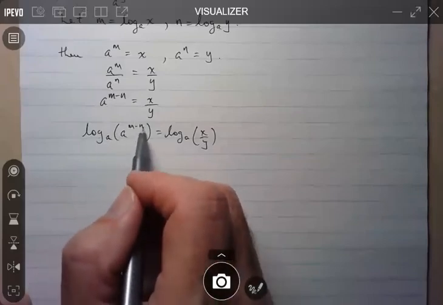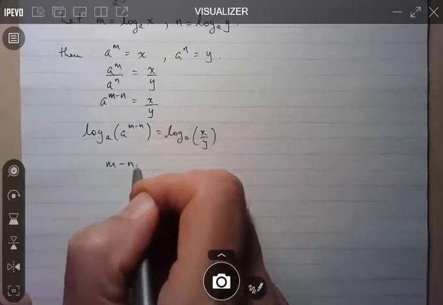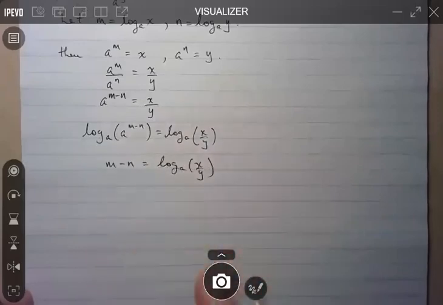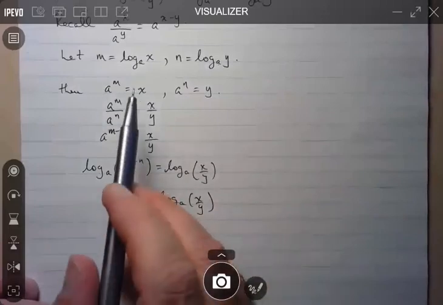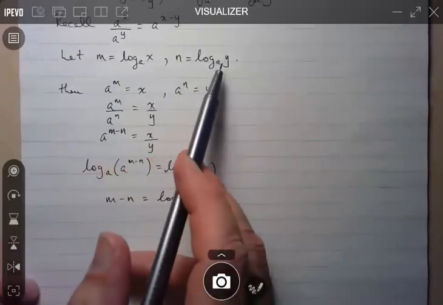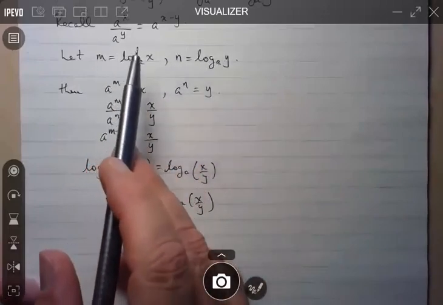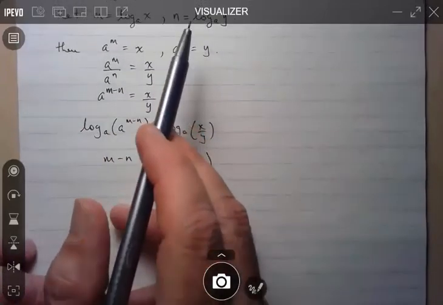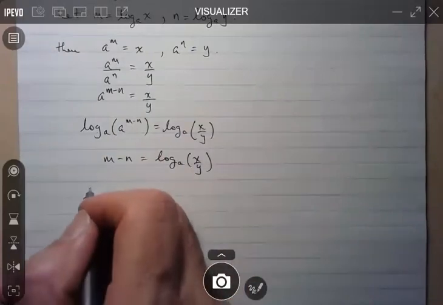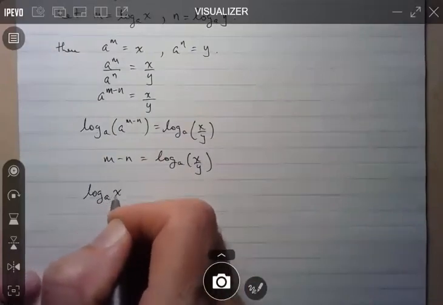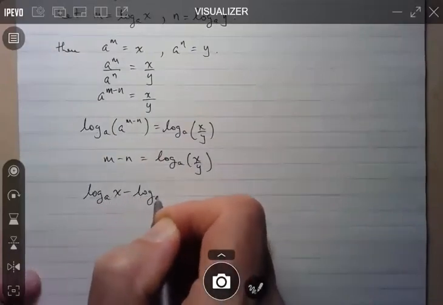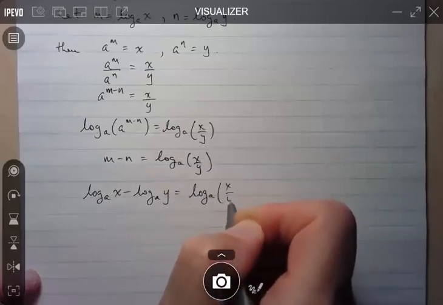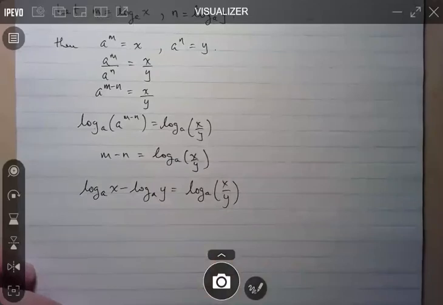So I'm just left with the original input, m minus n. And of course, we remember that m and n are just these logarithms that I originally defined. So m is log base a of x, n is log base a of y. So I'm just going to replace that in the equation. And here we go. We have our second law of logarithms.